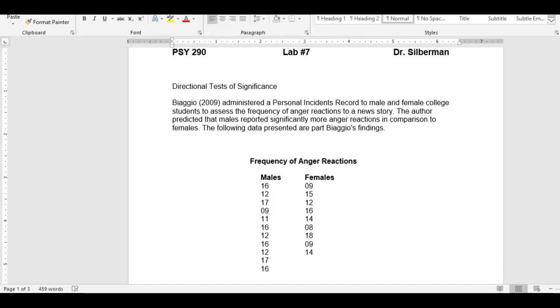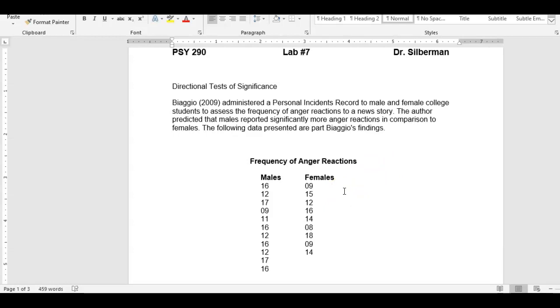He wanted to know, when you watch a news story of something that is really infuriating, makes you mad, who admits to having more anger-related actions, males or females? And here's the score that he got from them on a 20-point test of anger reactions, males versus females. Now, it says he predicted, but if you're stating your hypothesis, it's in the future tense, because we haven't done the research yet. You don't have this data yet when you make a hypothesis.